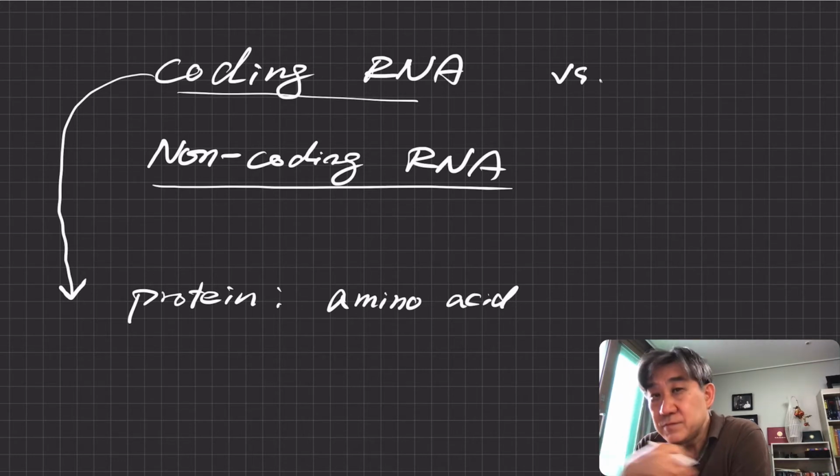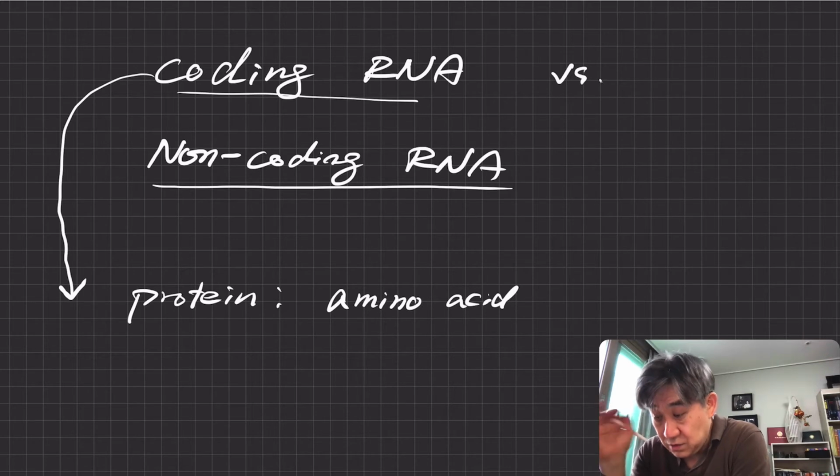But some of them, most of them should I say, are indirectly involved in protein synthesis, and without them protein synthesis cannot occur. So that's the difference between coding and non-coding RNA.